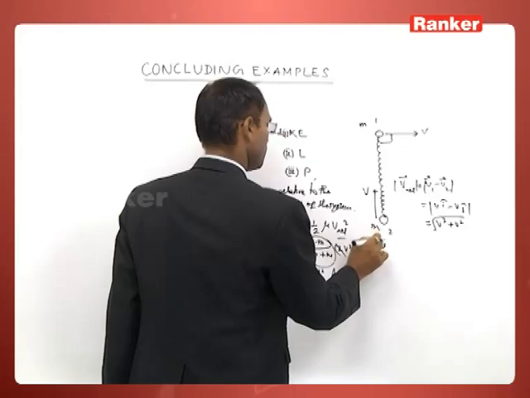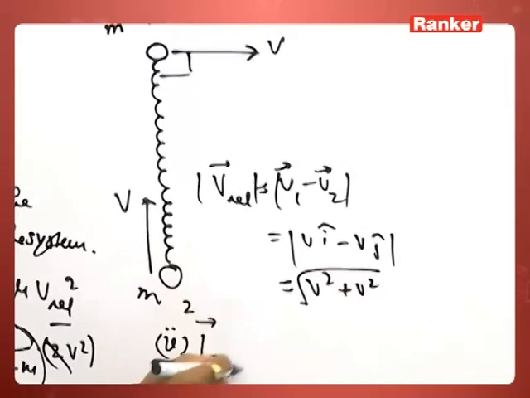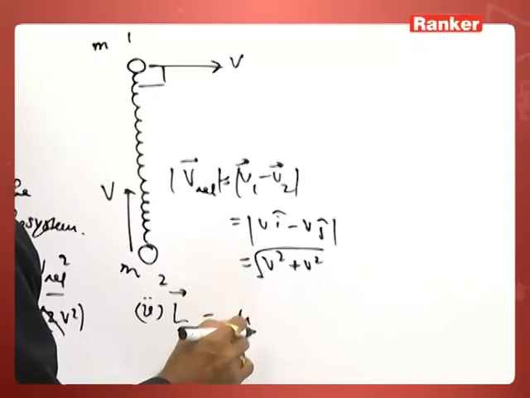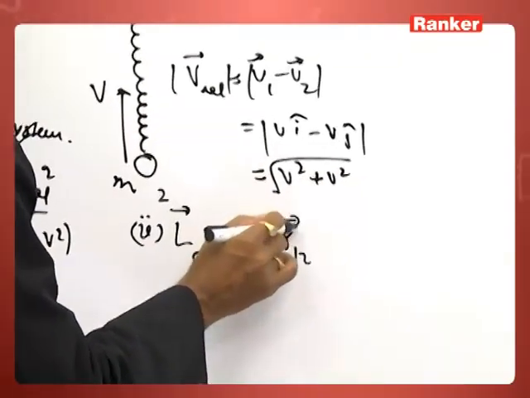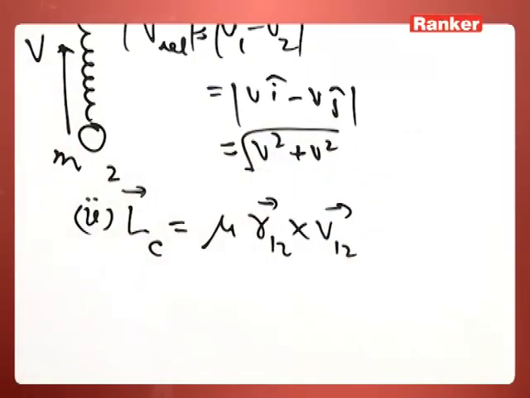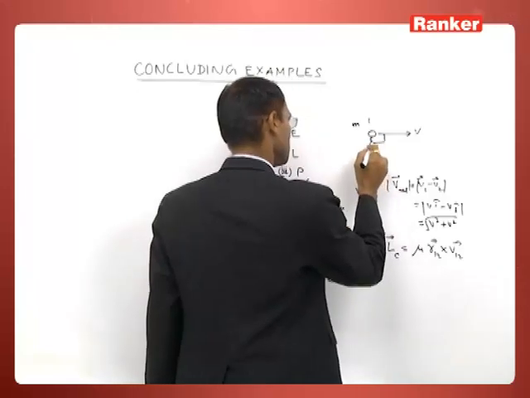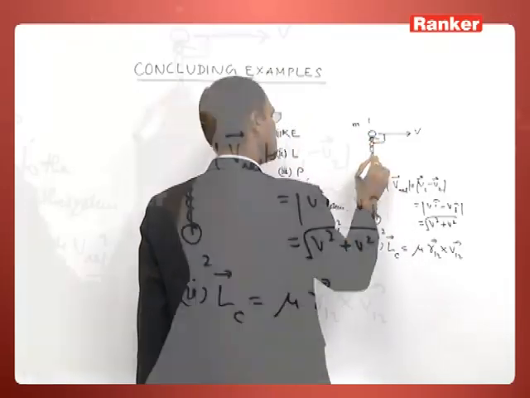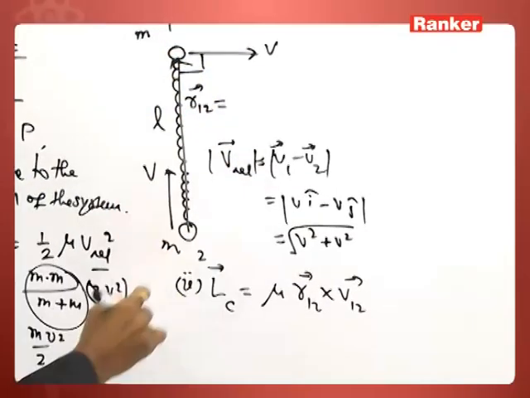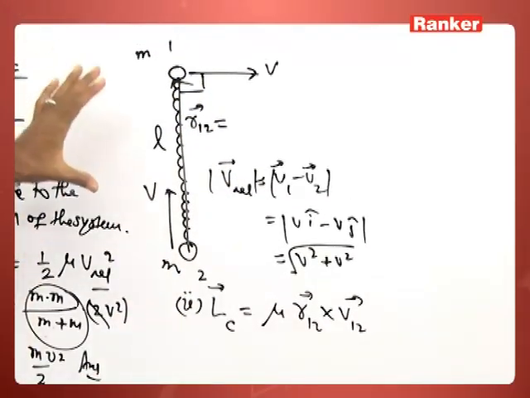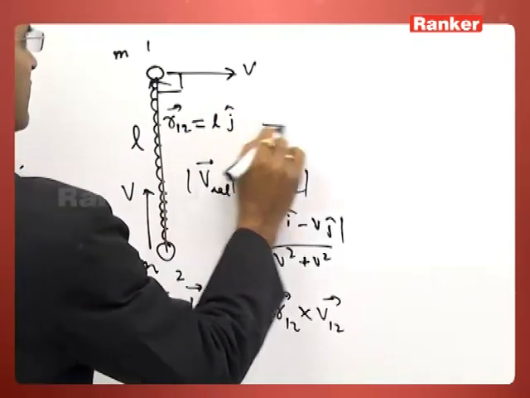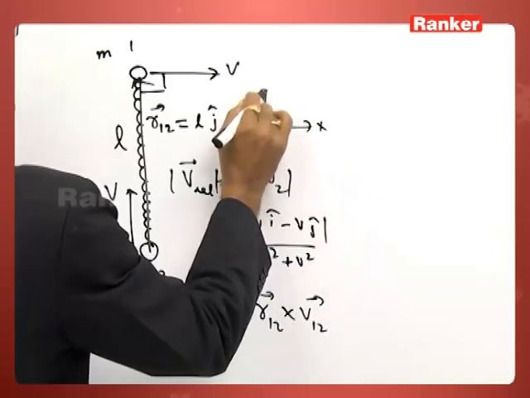Second, the angular momentum about the center of mass is equal to mu r12 cross v12 or mu r21 cross v21. This is r12 vector. Let L be the distance between these two particles or length of the spring at this instant. That is L j cap. This is X axis, this is Y axis.